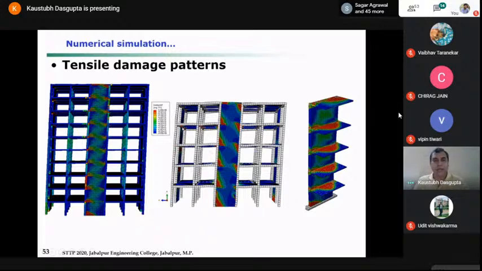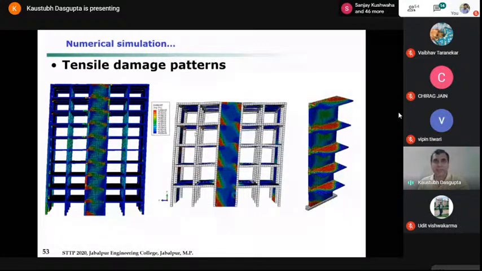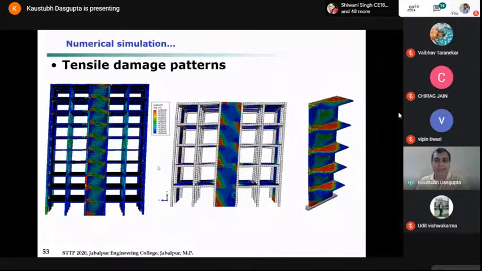These were analyzed. So we did pushover analysis, okay, displacement control pushover analysis, so that the extent of the deformability and the extent of the lateral strength both are estimated. Okay, and then what we see here is a monotonic analysis, not cyclic.